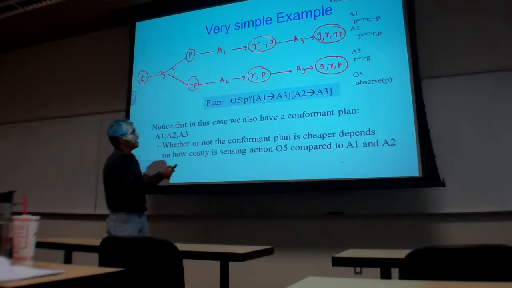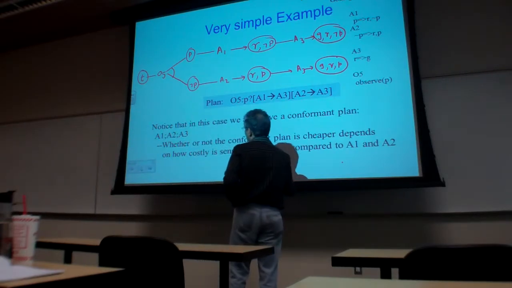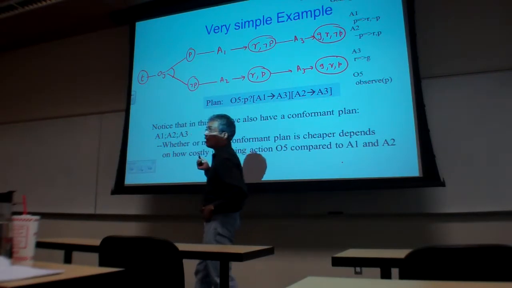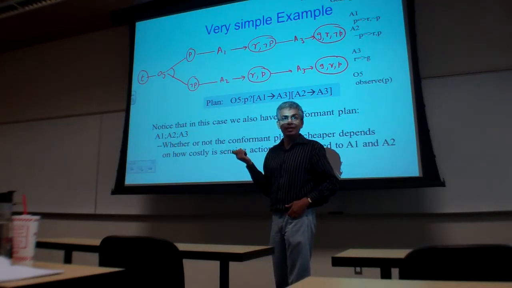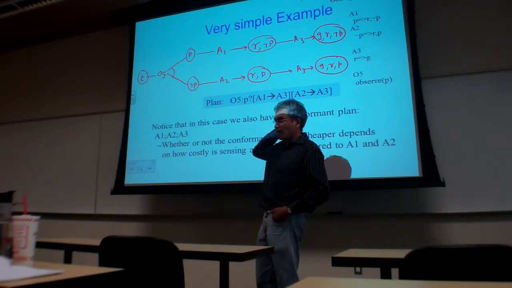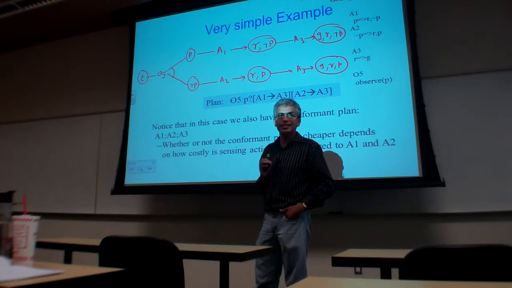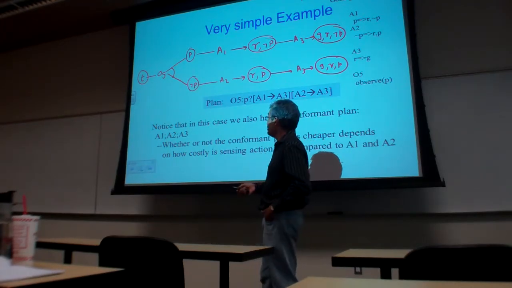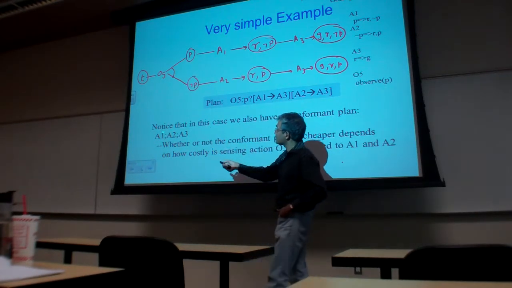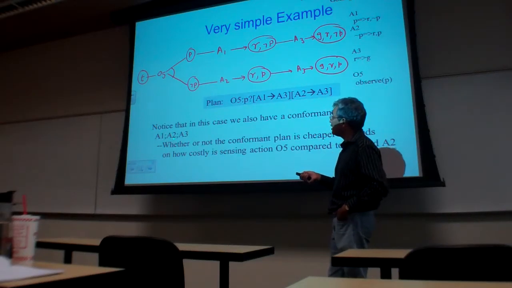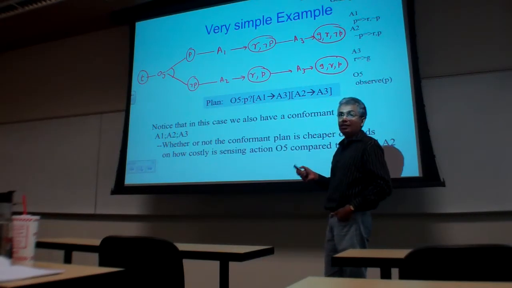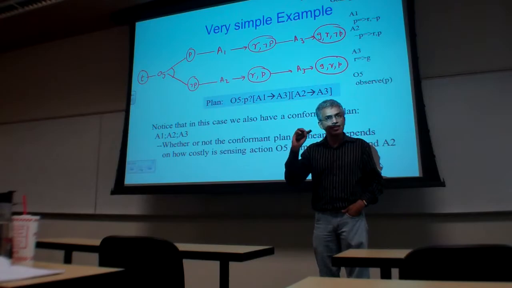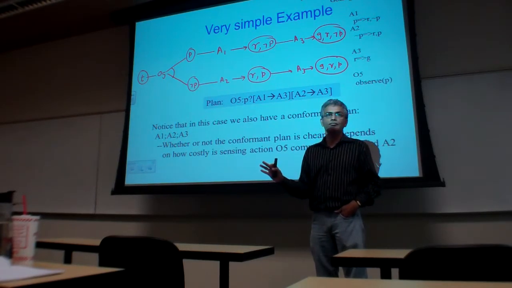Okay. Now, in fact, in this example, you can get a conformant plan too. It turns out that if you chose not to use any sensing actions, then you could show to yourself that if you do A1, then A2, and then A3, you'll get a single belief state where G is true.